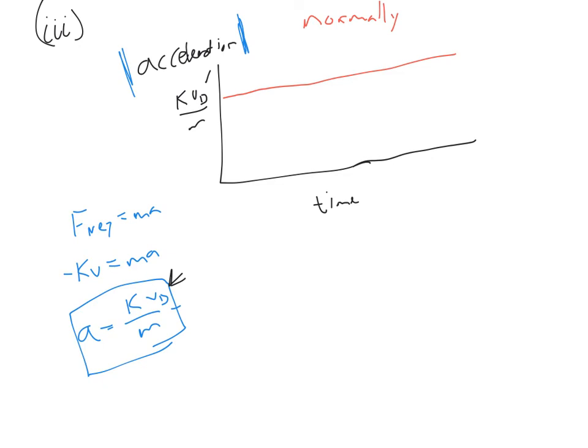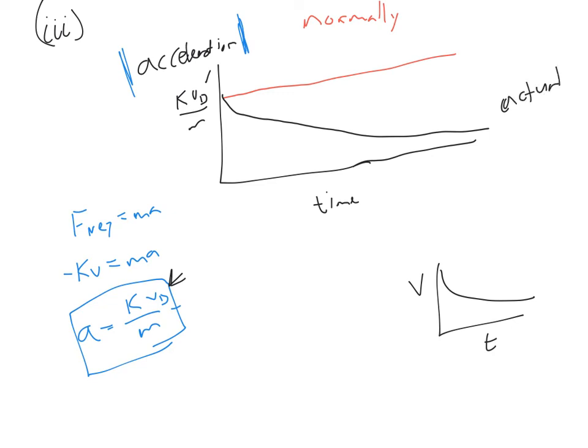So as it moves along, it decelerates, so the speed decreases, which means the acceleration has to decrease. And I said before that the velocity versus time is going to look something like this, so the acceleration graph actually looks exactly like that as well. So that's your actual graph.